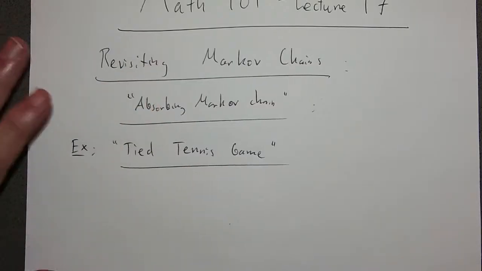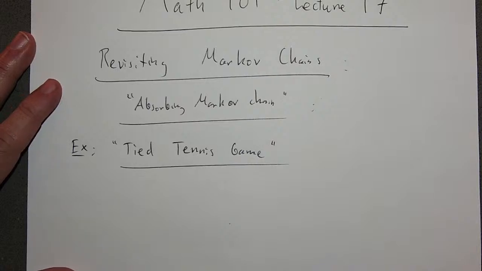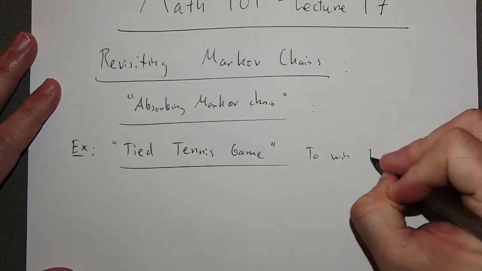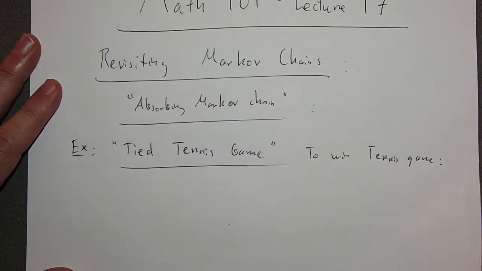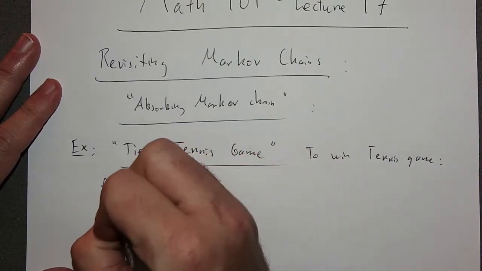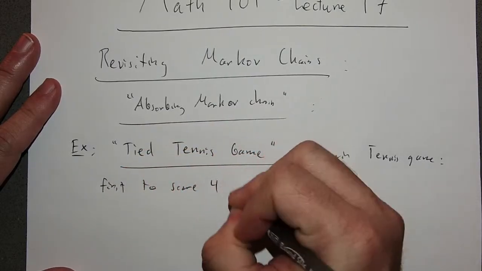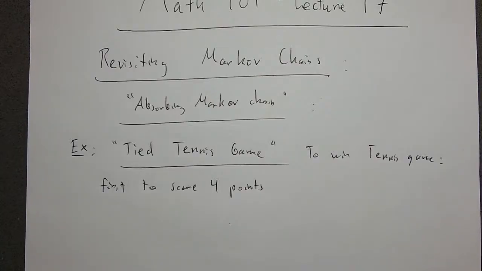Not going to get into that because that's not important. So we're talking about a game, and within a game, to win a tennis game, you need to be the first to score 4 points. Now, these numbers are tracked strangely in tennis for historical reasons.